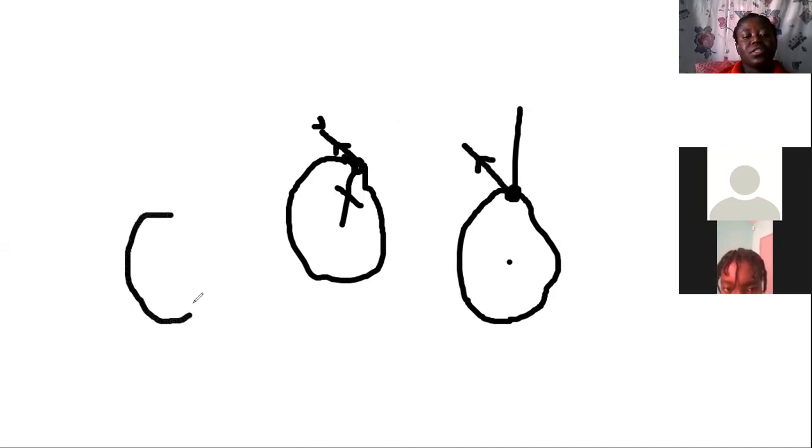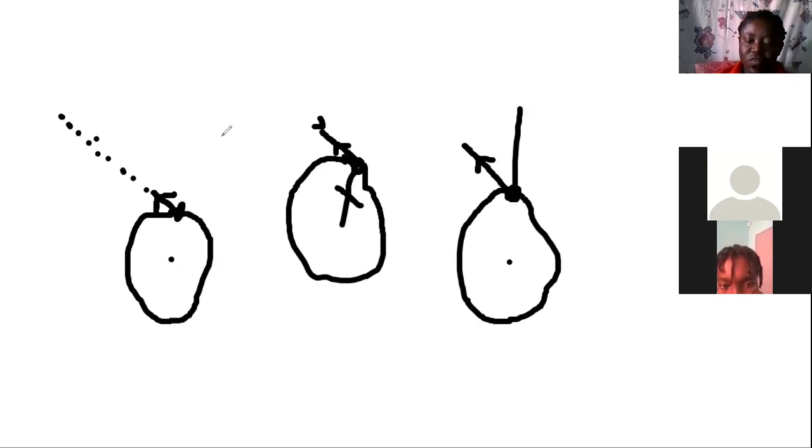Remember we said that the velocity is tangent to the circle. So if it was at that point and then the spring breaks, the velocity was directed that way when the spring was connected, then this object will continue to move up on a straight line like that. It's no more going to move in a circular motion, because there is no force holding it, no centripetal force.